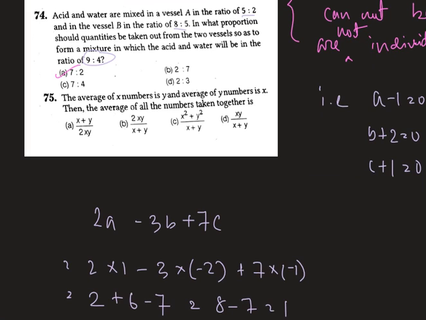Okay, now let's check the third problem. The average of x numbers is y and the average of y numbers is x. Then the average of all numbers taken together is what?